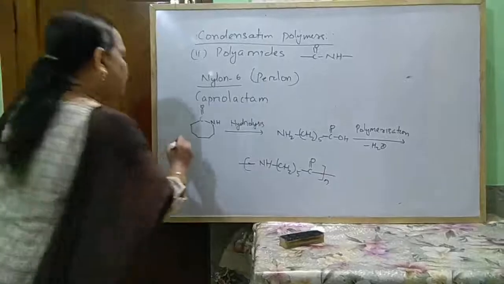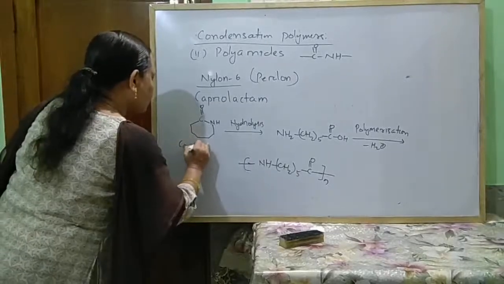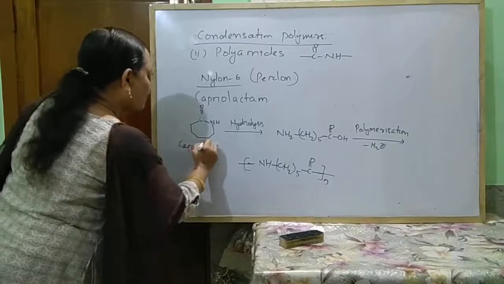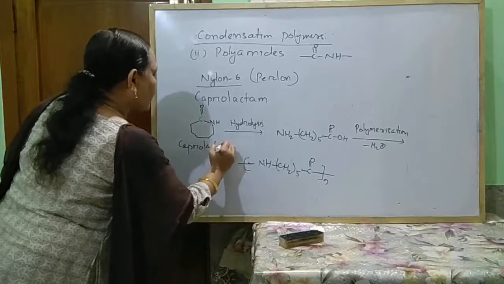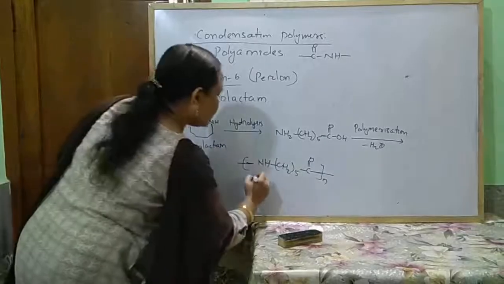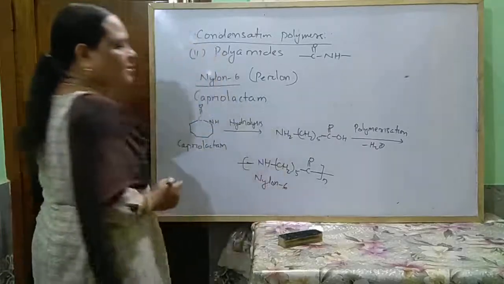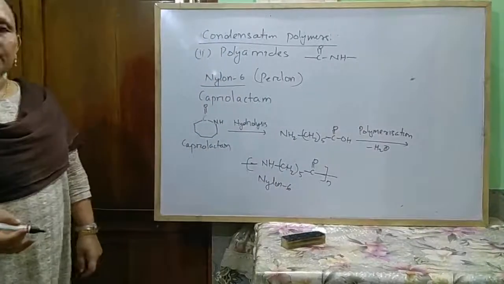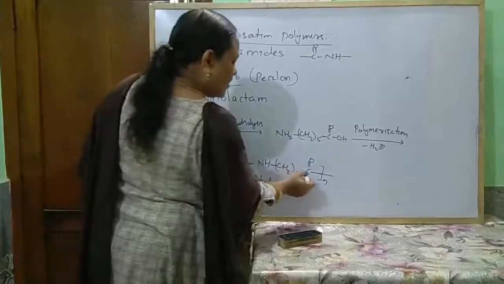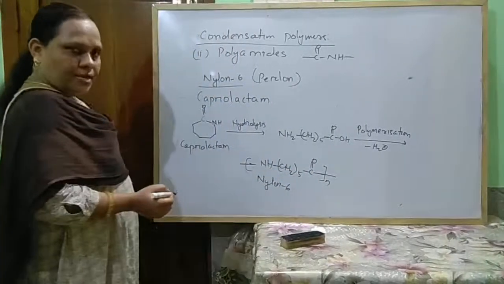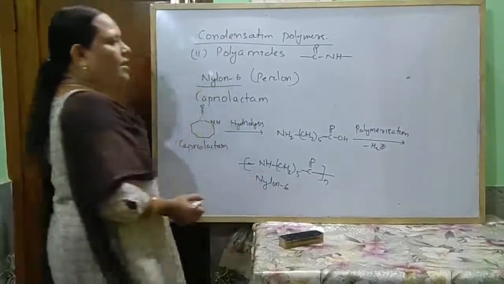Okay, so this is caprolactam, and this is nylon 6. So why is it called nylon 6? Because it contains 6 carbon atoms. That's why this is called nylon 6.